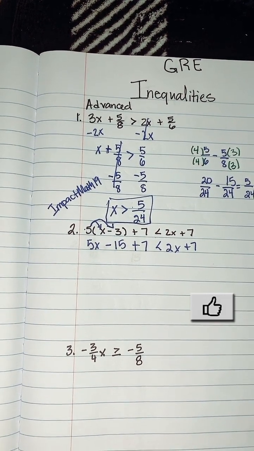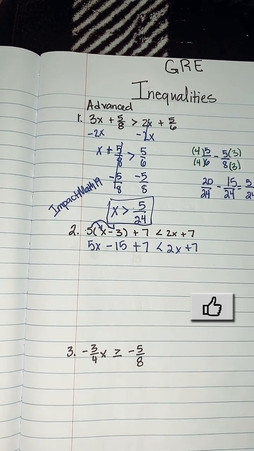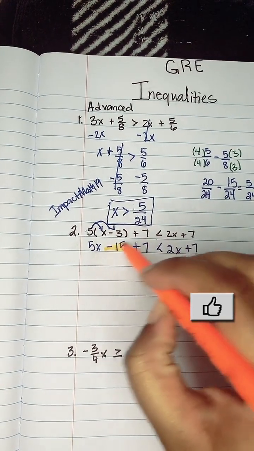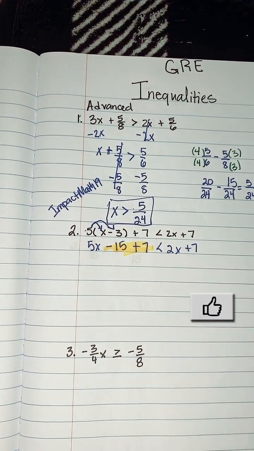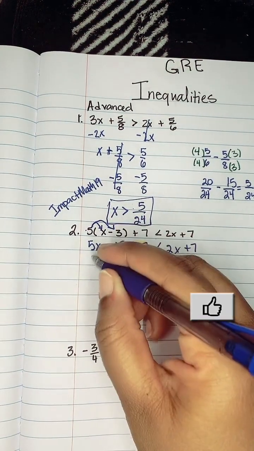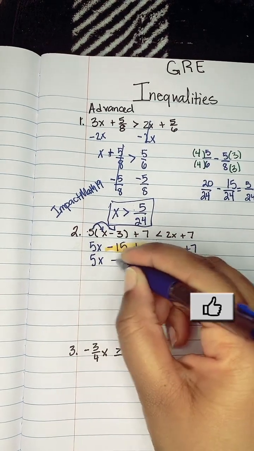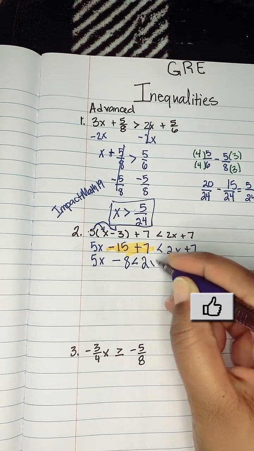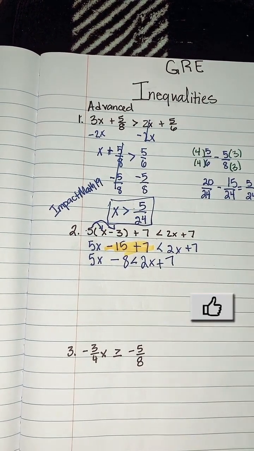All right, I'm back. Okay, so we have like terms here, negative 15 plus 7. So negative 15 plus 7, we're going to have 5X minus 8 is less than 2X plus 7, okay?